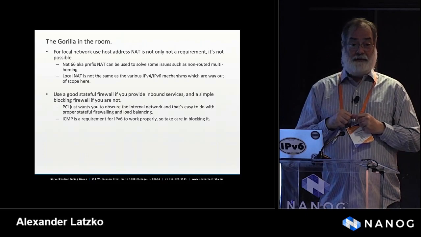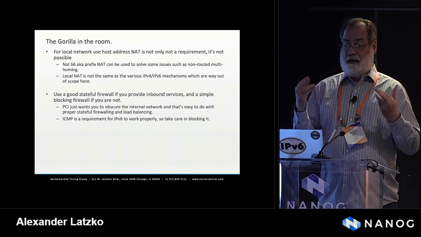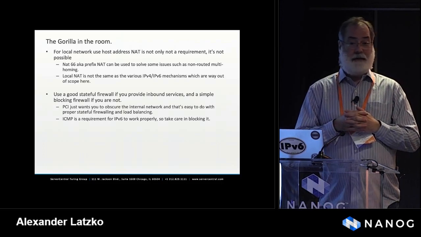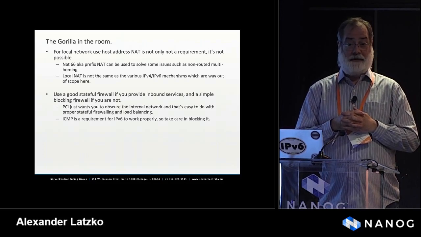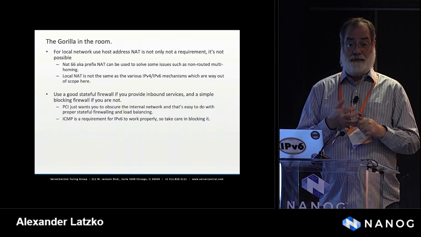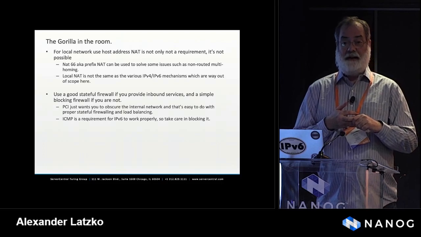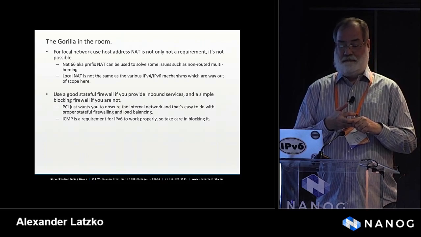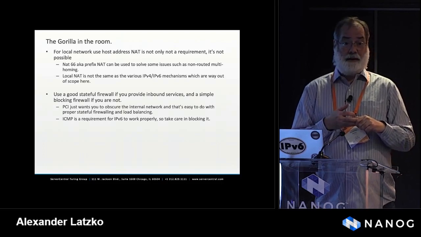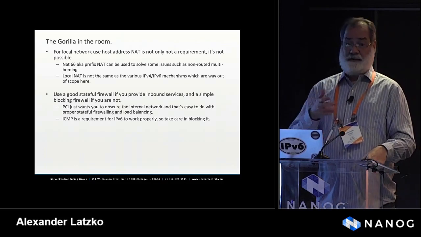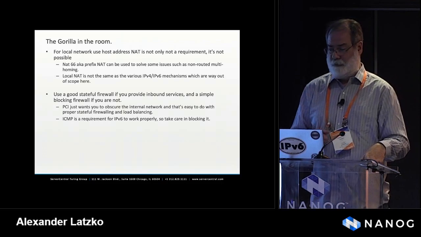But the truth of the matter is, all it says is that you have to obscure your internal network and not show your inside addresses to the outside. Load balancing, proper stateful firewalls. This is PCI consultants who don't understand networking. Yes, that was a soapbox. I'm standing on it. And if anybody wants to discuss that afterwards, I'll be happy to.